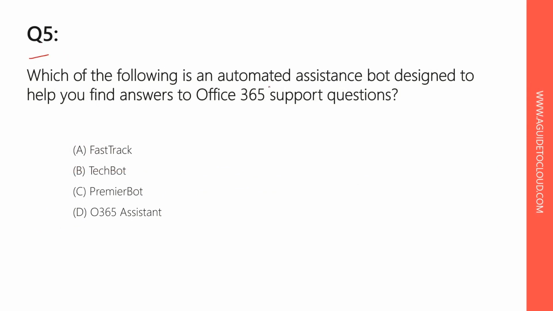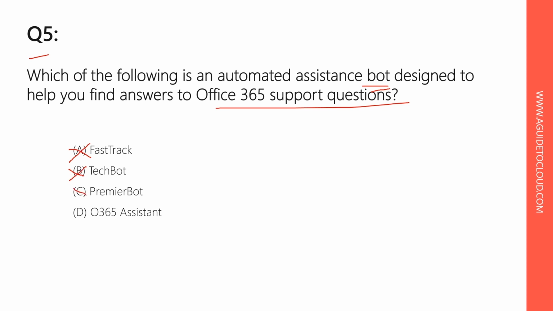Which of the following is an automated assistance bot designed to help you find answers to your Office 365 support questions? So we are looking at a bot. Is it FastTrack? No, FastTrack is a team which can get back to you for the design, implementation and migration of your Office 365. Is it a tech bot? Yes, it's a bot, but that's not the bot we are looking for.